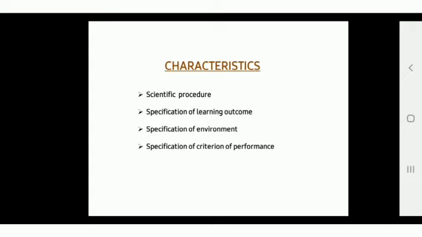Specification of environment: models of teaching specify in definite terms the environmental conditions under which a student response should be observed. Specification of criteria of performance: models of teaching specify the criteria of acceptable performance expected from the students.